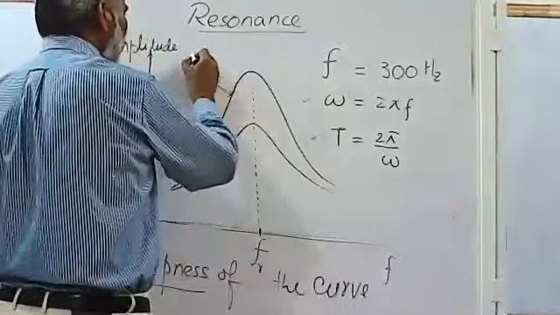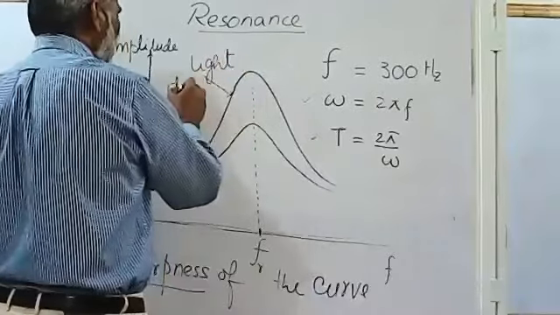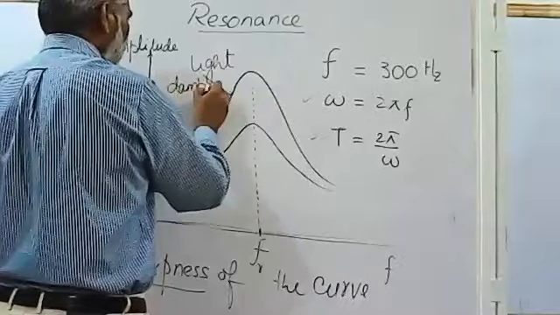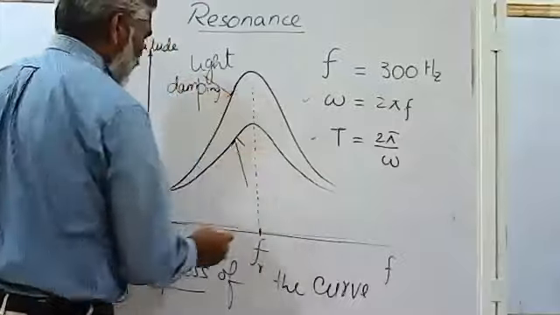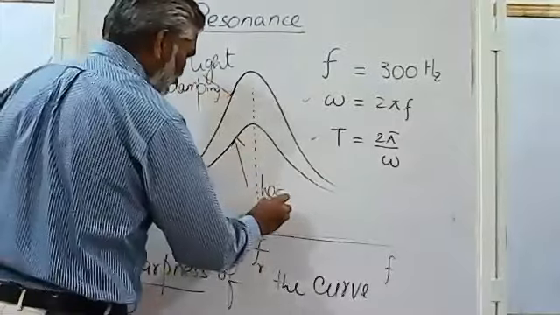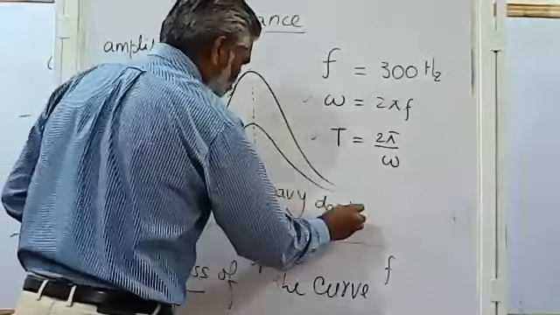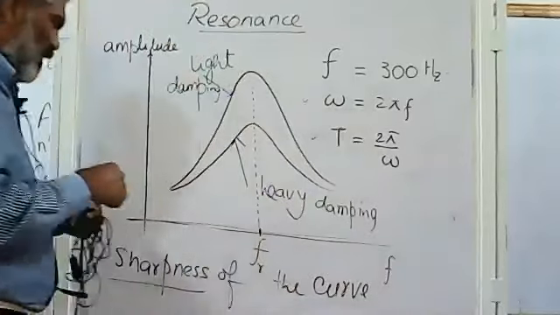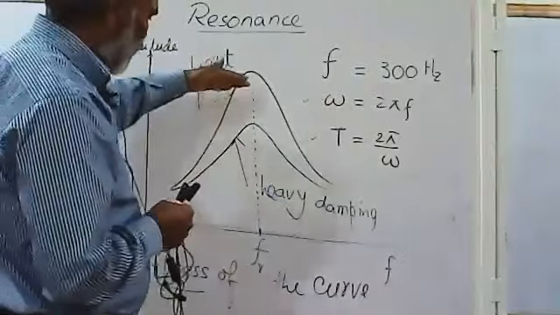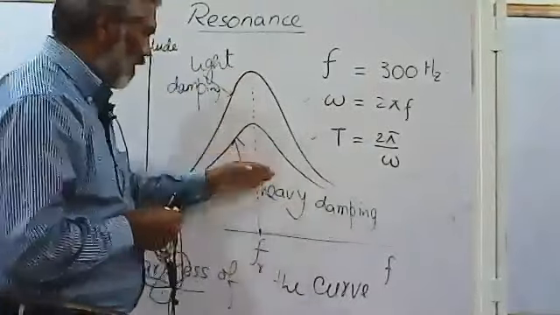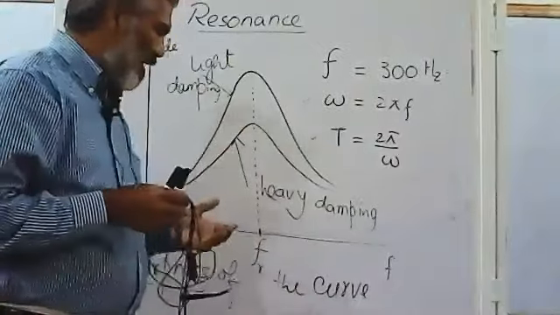That means this is light damping in place, but this curve must result from heavy damping. So they could ask you a question like this: what is the reason for the smaller sharpness of this curve? We can answer by writing that there must be a heavily damped system.